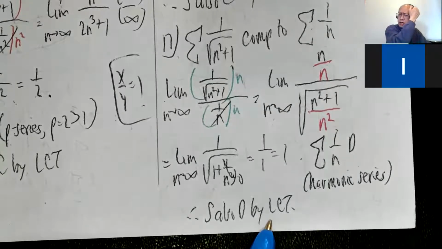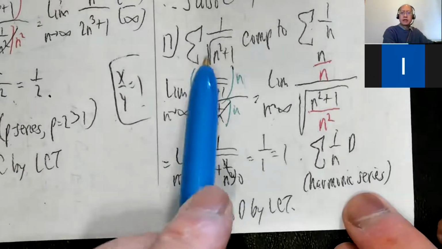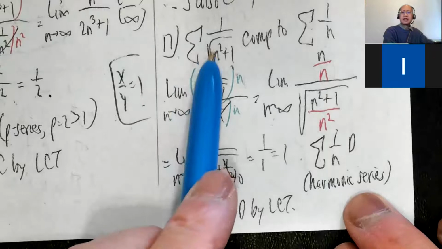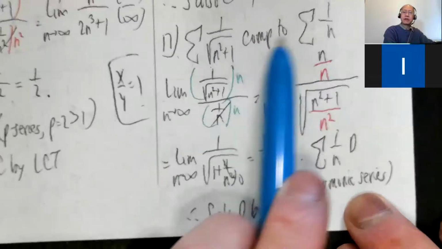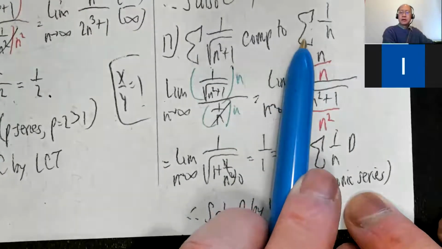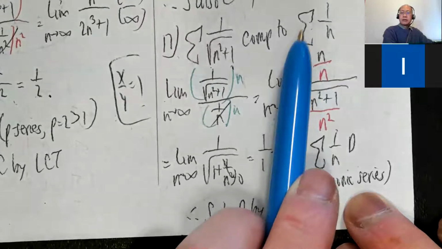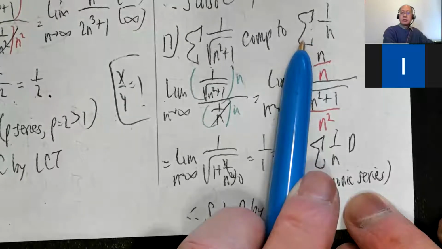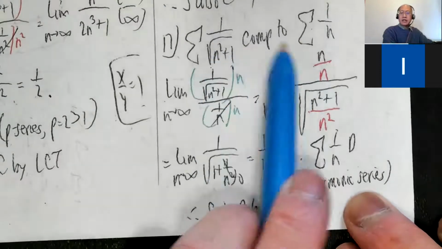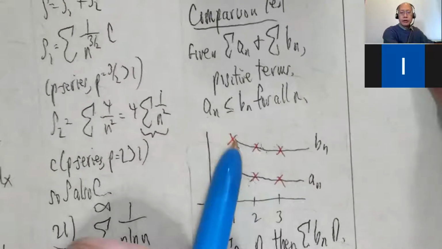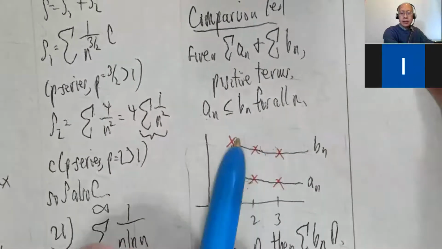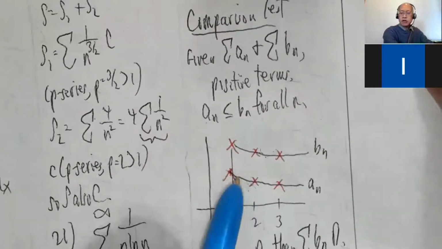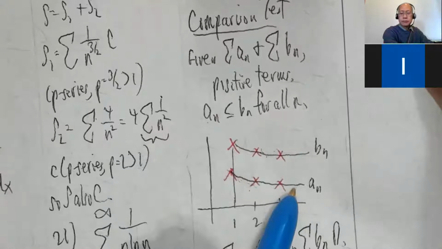Just thinking about this, you would not be able to just use the comparison test for this one, because this term is less than 1 over n, since you're dividing by a bigger number. That would be the case of being less than a divergent series, and you cannot make a conclusion. If we are smaller than a series which diverges, then you can make no conclusion.